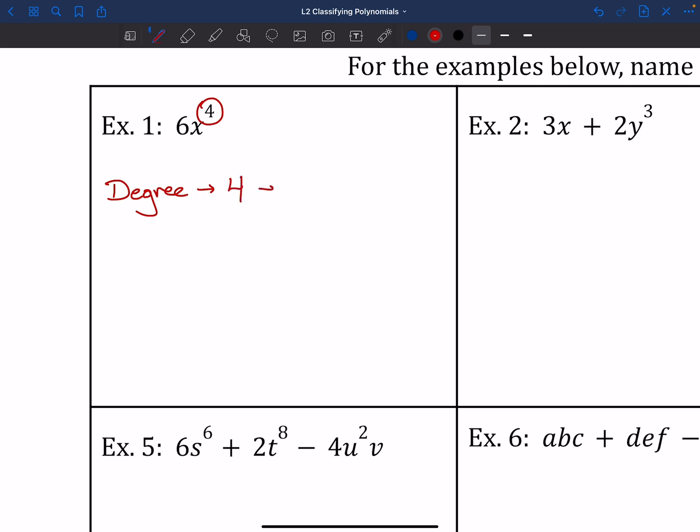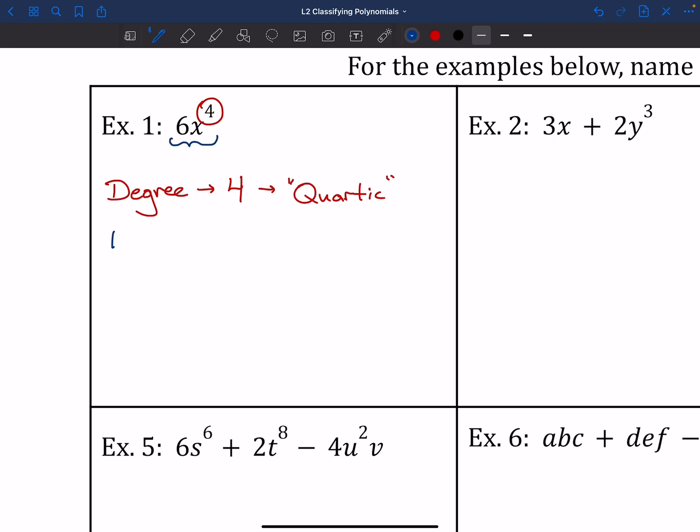If you flip back to the other side, you'll see that if we have a degree of 4, we call it quartic, right? If it helps to remember them, quart kind of reminds you of the word quarter. It's 1/4 of something, right? So quartic is what we would do for the degree. And then as far as the terms, how many terms is that? It's just one chunk of stuff. Actually, let me color code this even a little better.